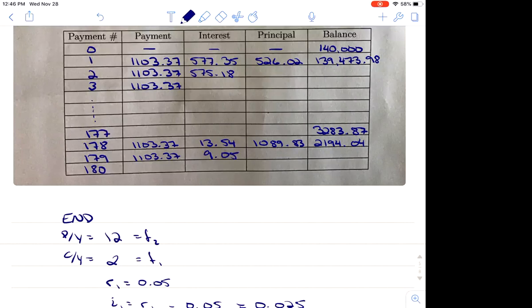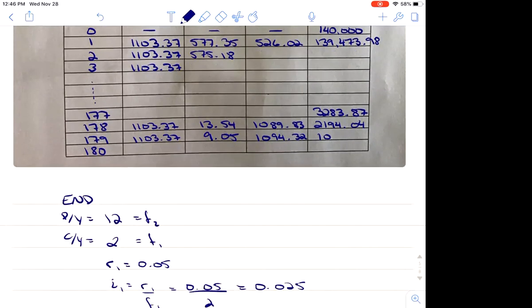Of the 1103.37, the bank takes their $9.05, and I get to pay off $1,094.32. 2194.04 minus 1,094.32, I owe 1,099.72. I have a feeling I messed up. Is that what everyone's getting?